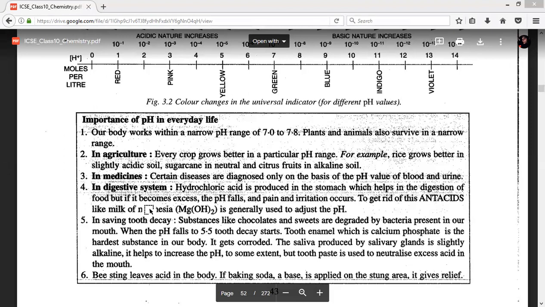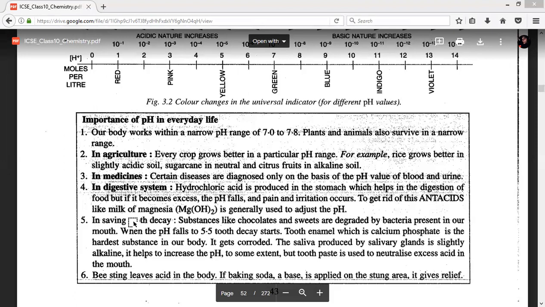To get rid of that, we take some antacids named milk of magnesia. What is the function of milk of magnesia? It reacts with the acid present in the stomach and forms salt. Salt means neutral. It means by this we will feel normal.